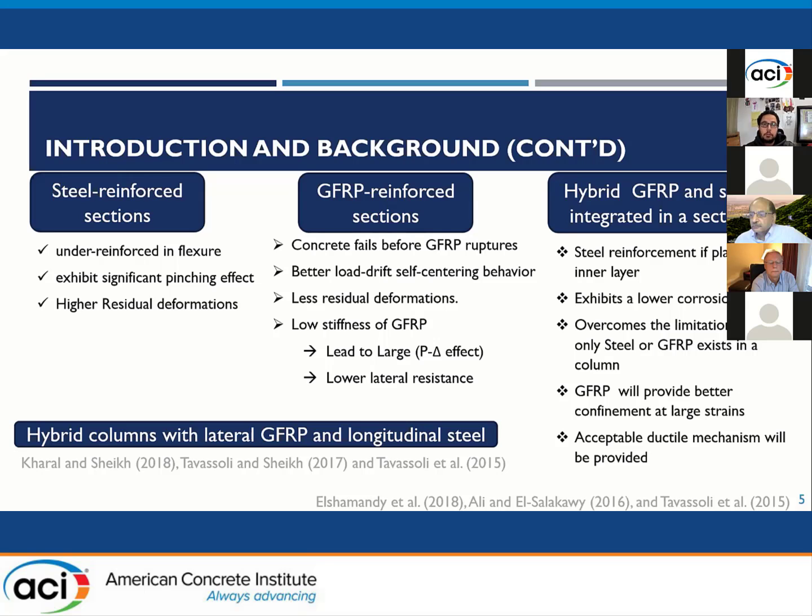Here I'm talking about another meaning of hybrid: using both materials in the same section to overcome the limitations associated with using only GFRP or only steel. If we push steel away from the surface, we better provide corrosion resistance, and of course we benefit from using both materials together.